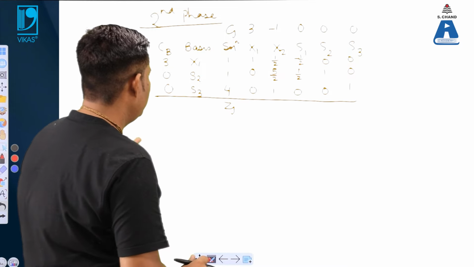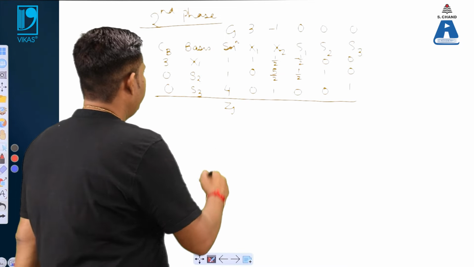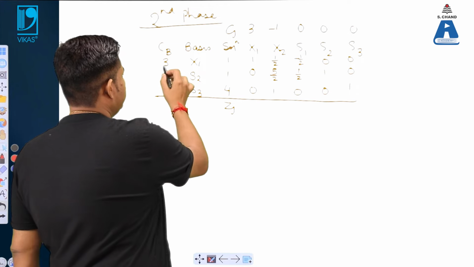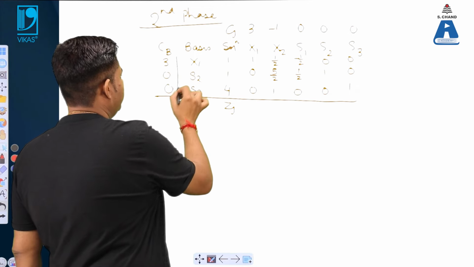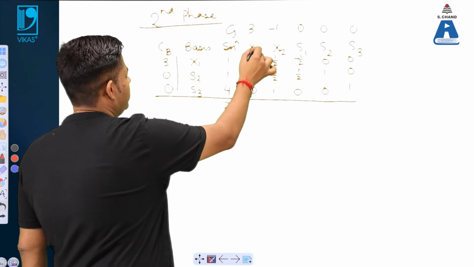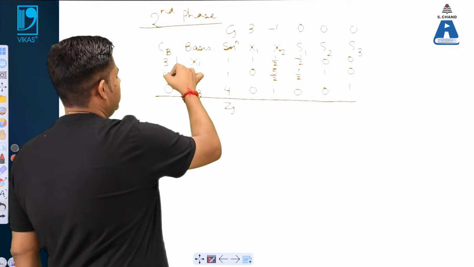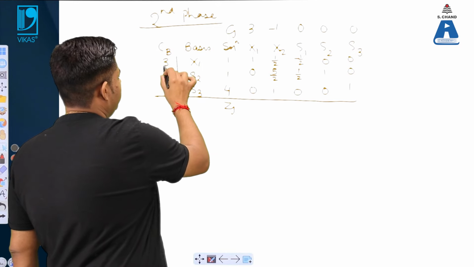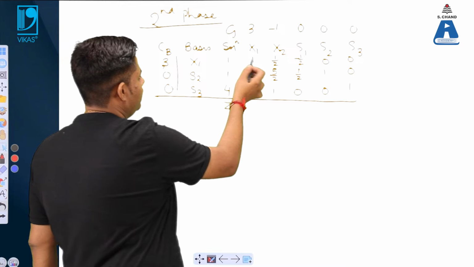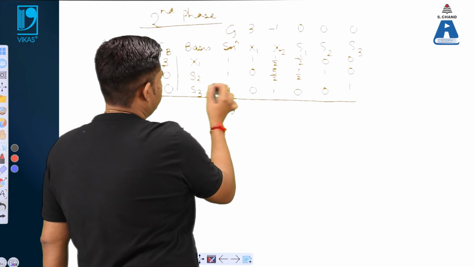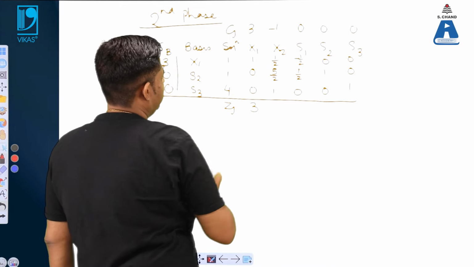That means we need to follow the same steps of finding out Zj part, where Zj is the sum product of these two columns, which is X elements and CB elements. So we'll have to use this 3. So 3 into 1 plus 0 into 0 plus 0 into 0. So we'll write here 3.